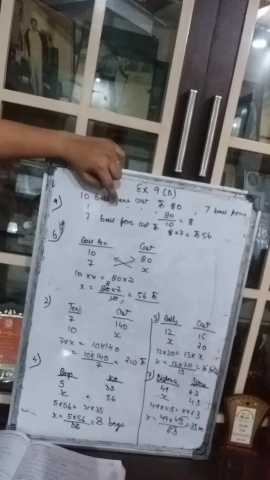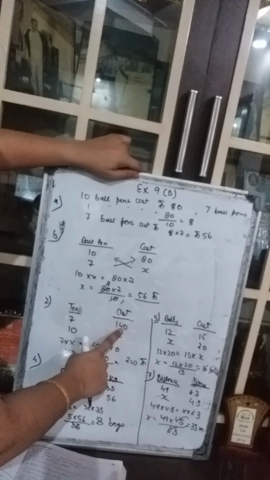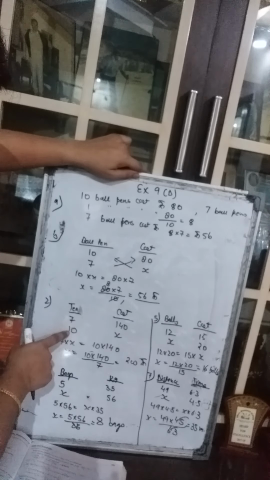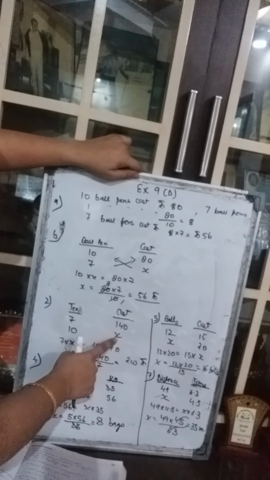So let's do the second question. The second question says, if 7 kg of tea costs rupees 140. So there are two headings, tea and cost. 7 kg is costing rupees 140. Find the cost of 10 kg tea. 10 kg tea means 10 will come under tea only, and we do not know the cost, so we write X here.